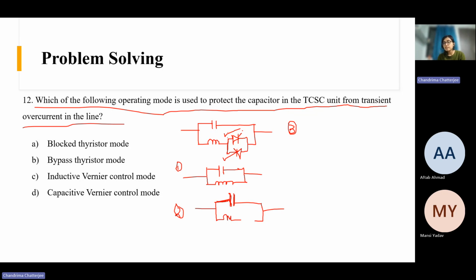Just before we start this Vernier mode, there is the waiting mode, but normally this mode is avoided. And for protecting the capacitor from transient overcurrent, we use the first mode, which is the bypass mode. This is the bypass thyristor mode.